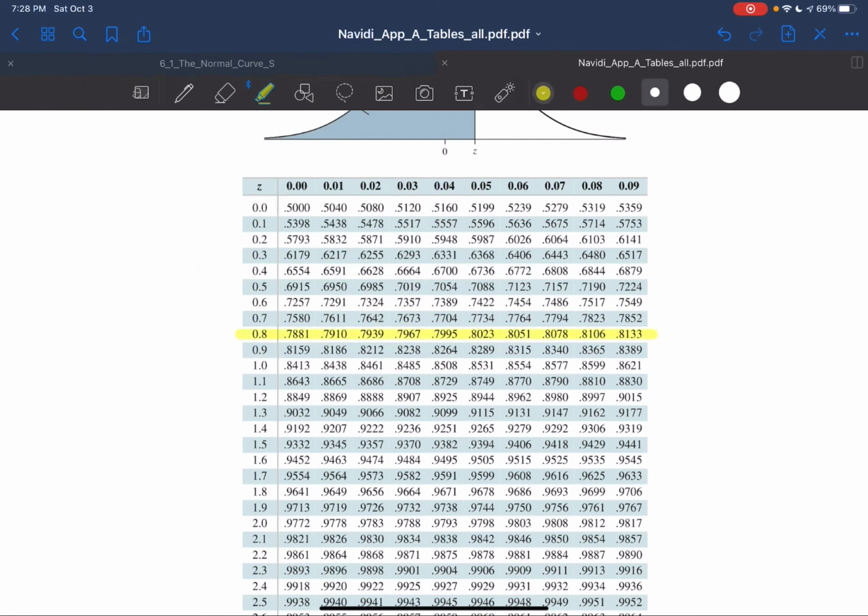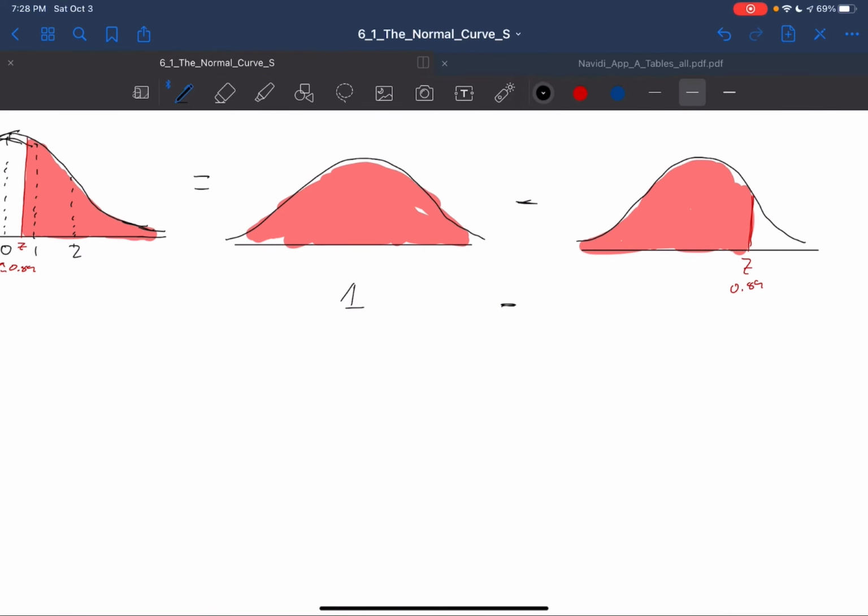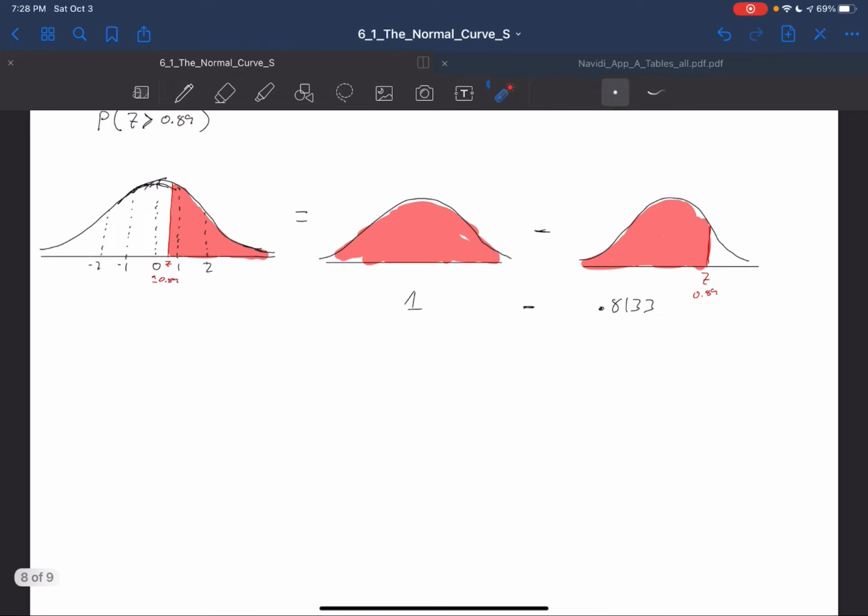And then if we look at 0.09, we see that the area to the left of that z value is 0.8133. So this will be 0.8133. Then the area to the right of this z value is just 1 minus 0.8133, which is equal to 0.1867.